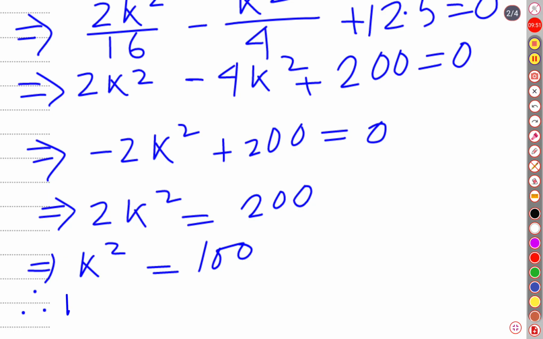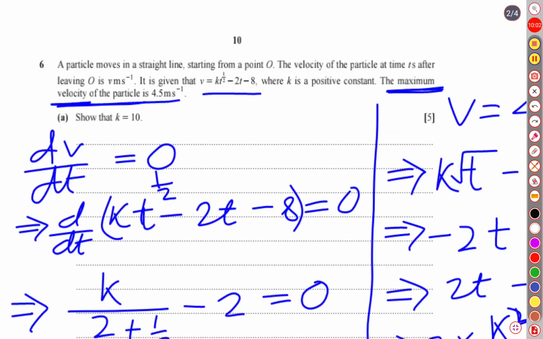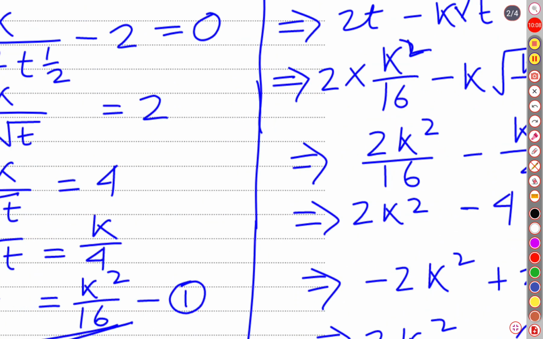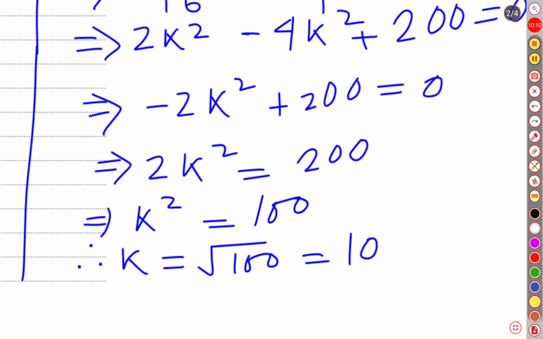Hence our k is equal to the square root of 100, which means 10. And the question told us that k is positive. Look here, it's written k is a positive constant, so we can ignore the negative value of k. So we have shown that k is equal to 10, and we can write the notation shown.